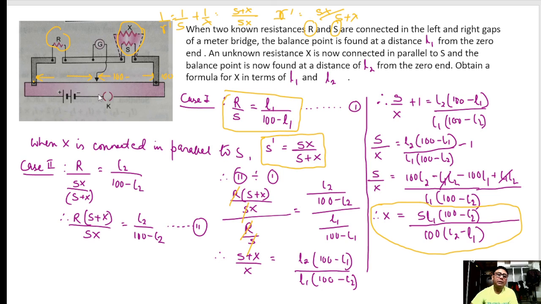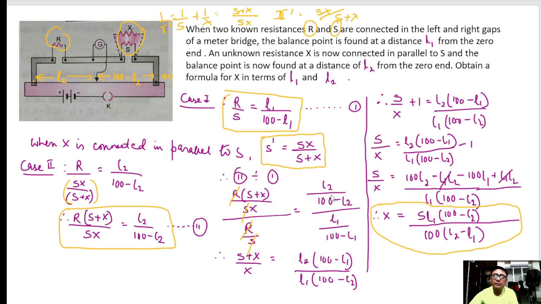So now let the balance point be obtained at L2 and this is 100 minus L2. Okay. So how will I write now? R by net resistance equal to L2 by 100 minus L2. So now we are dividing equation 2 by equation 1. This is our equation 2 and this is our equation 1. We are dividing it, so these all cancel.